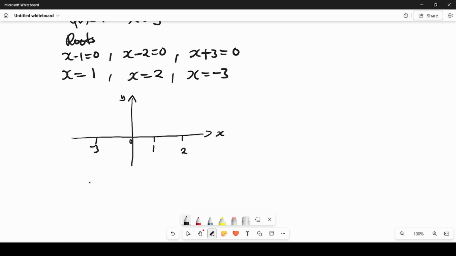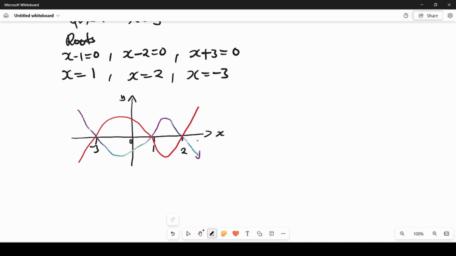So either the graph looks like this, cuts there and then goes right up, or it looks like this, goes there and goes right down. So which one is the correct one?